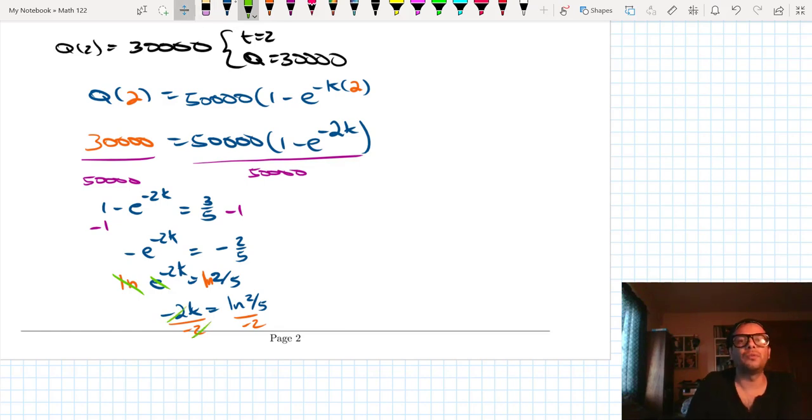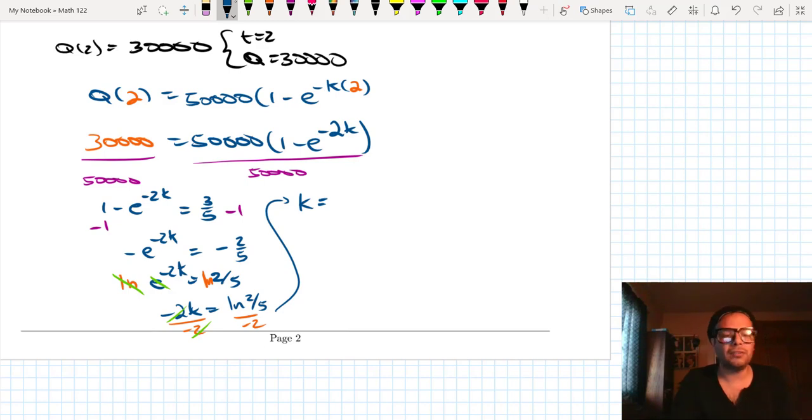Finally, we divide both sides by -2, or multiply by -1/2. Notice how these 2's go away, and this will give us k equals negative 1/2 times ln of 2/5. Let's use a calculator to evaluate this quantity. Times a negative, that would give us 0.458.